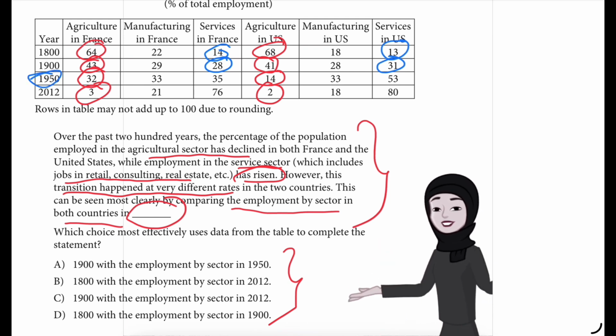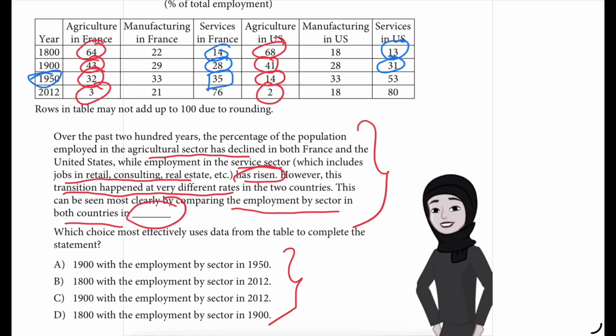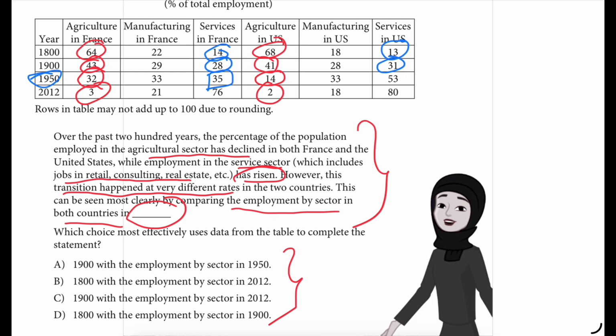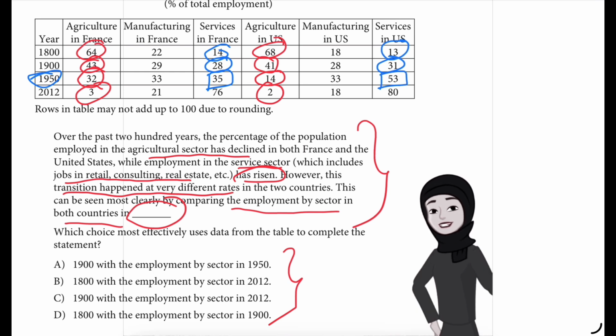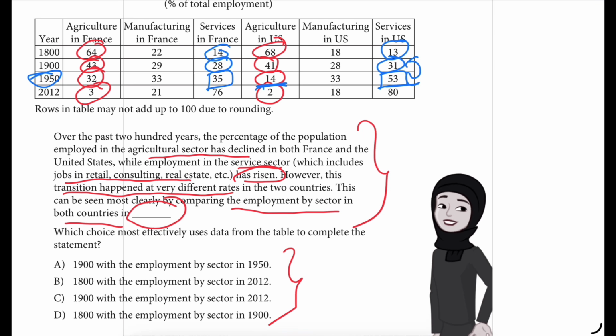Whereas in 1950, 35%, only a little bit has it risen for France services, whereas for the US it has increased to 53%. That's a little bit more compared to France. By the 1950s, the services in the US have gone quite high up. 53% has gone to services, and you see the decline in agriculture, 14%.